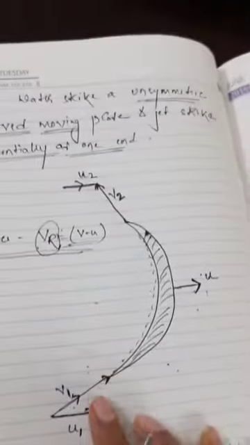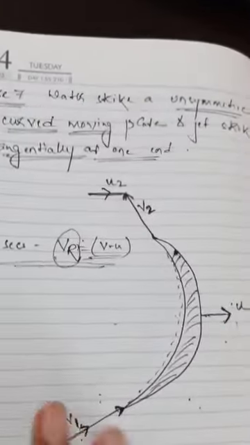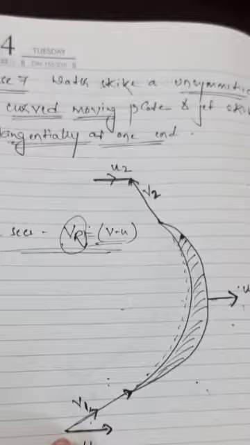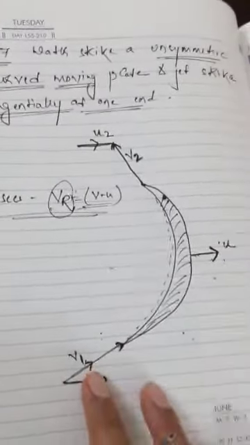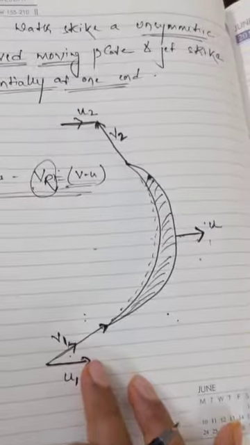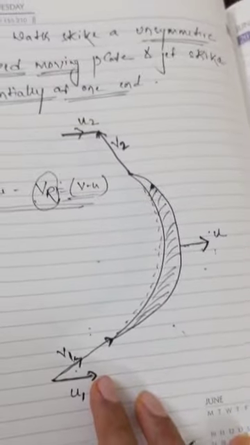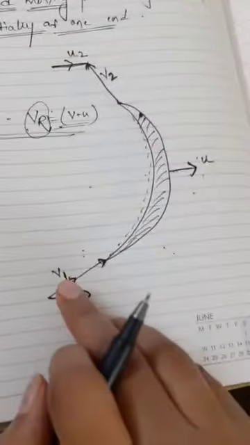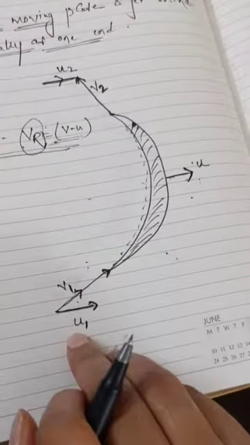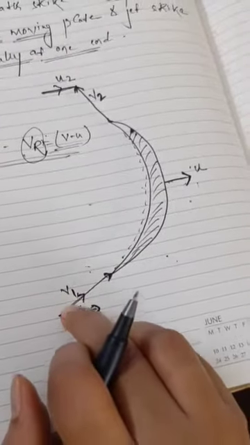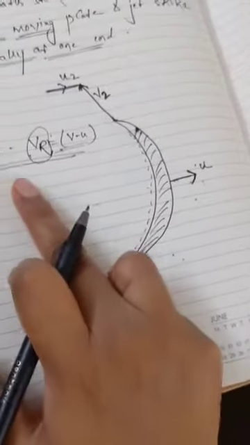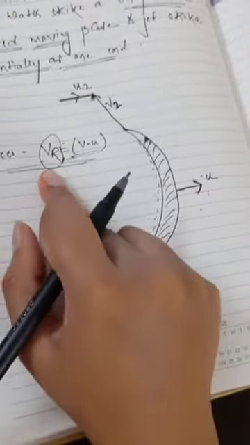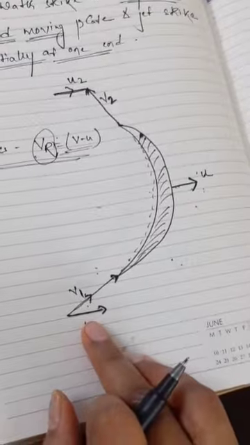So now coming to the inlet first. Just like we have done in previous chapters or previous subjects, like in mechanics, there are two vectors, u1 and v1. In order to find Vr, we have to find the resultant vector.